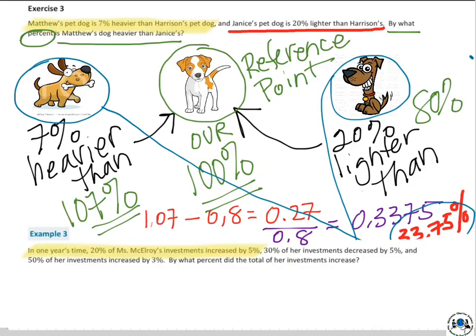In 1 year's time, 20% of Mrs. McElroy's investments increased by 5%. 30% of her investments decreased by 5%. And 50% of her investments increased by 3%. By what percent did the total of her investments increase?